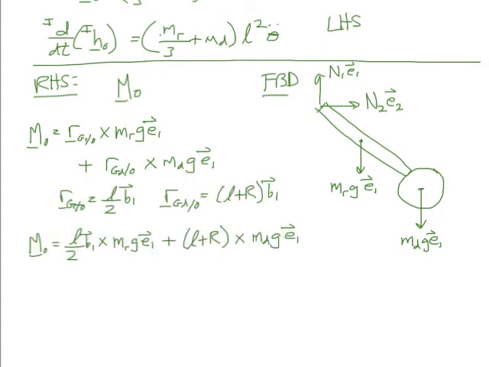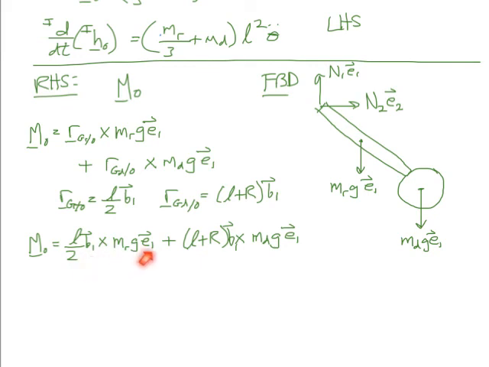We find the position vectors that we need to solve this moment equation, and then insert them all into the moment equation, where we have L over 2 in the B1 direction crossed with m_r g in the E1 direction, plus (L plus R) in the B1 direction crossed with m_d g in the E1 direction. We've expressed this in a mixed basis.